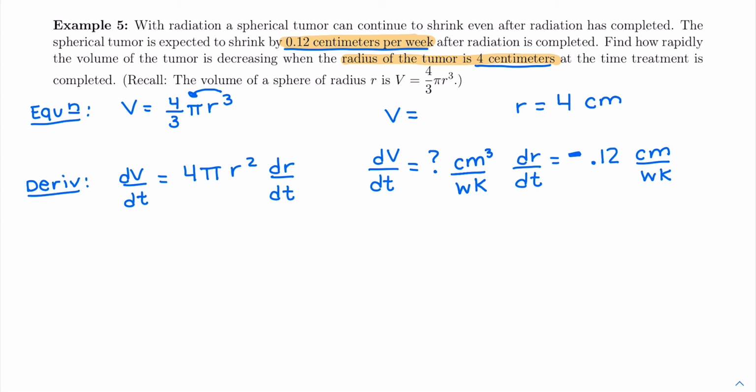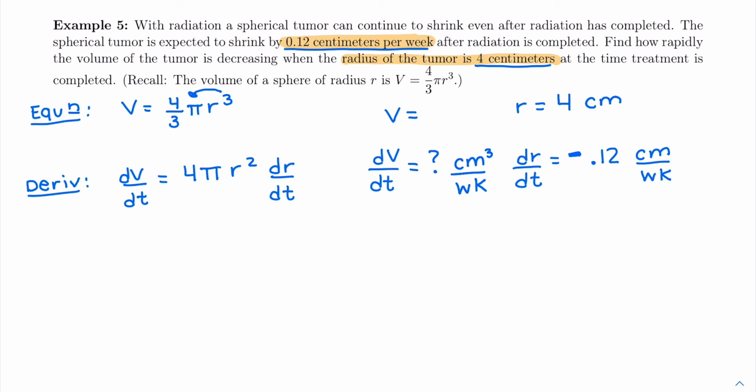Which is why normally if you get radiation, they give you a treatment plan. They say, hey, we think we're going to have to bring you back 5 times. But sometimes if you're fortunate enough and it keeps working really well on your weeks off from treatment, your treatment plan of 5 might go down to 4 or 3, which is awesome. So we want to make sure that's a negative. We're decreasing this tumor, not increasing it with radiation.